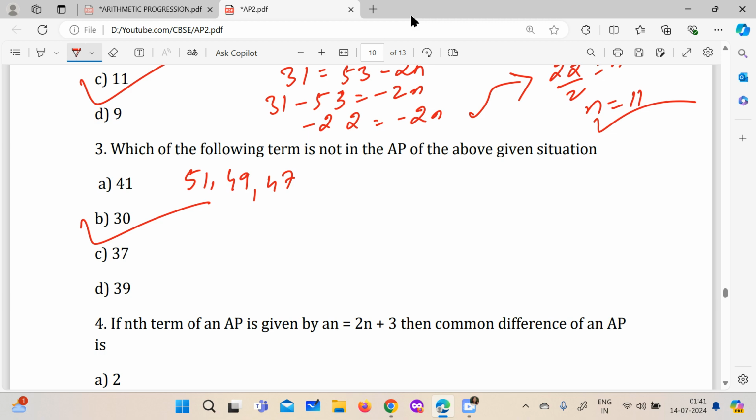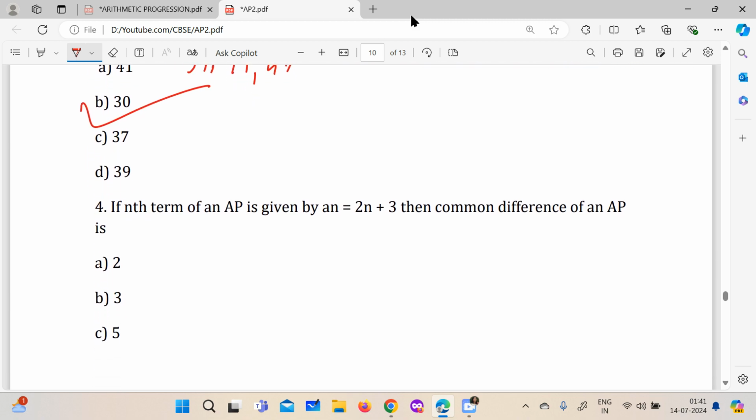Okay, now the next one is, if the nth term of an AP is given by an equals 2n plus 3, then the common difference of the AP is. So the nth term is given, Tn equals 2n plus 3. So we can find the AP now.